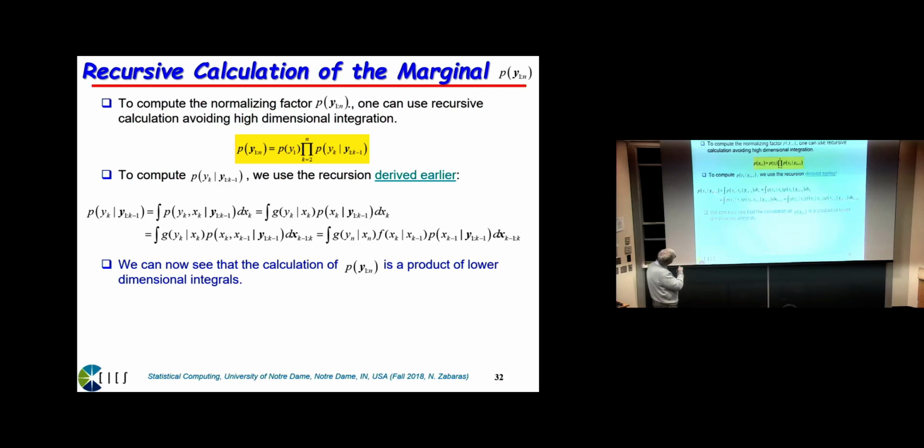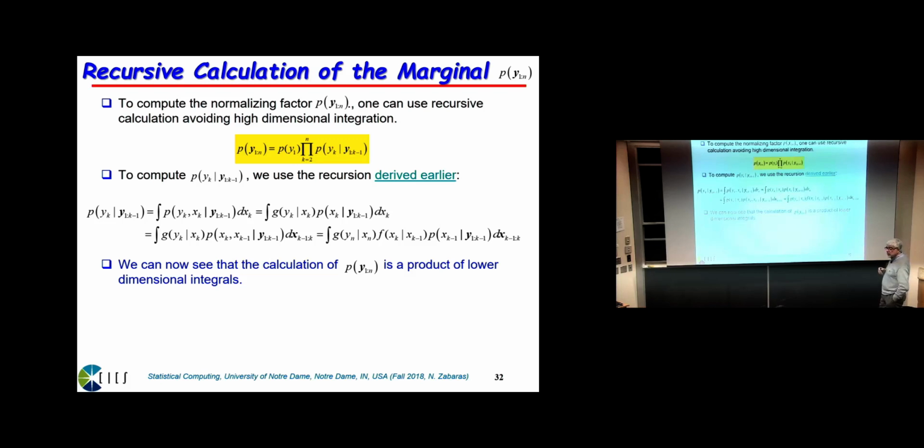You notice all of these distributions only require integrals in two variables, okay? So to calculate the marginal, you don't have to integrate all the states out. You can do it with all these products where each of the terms involves integration in two variables.